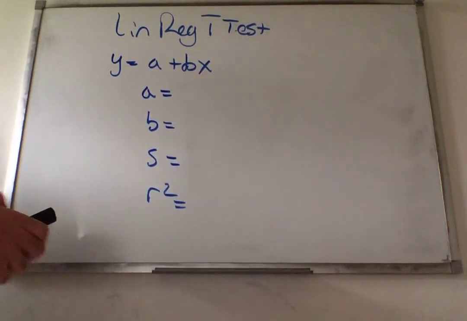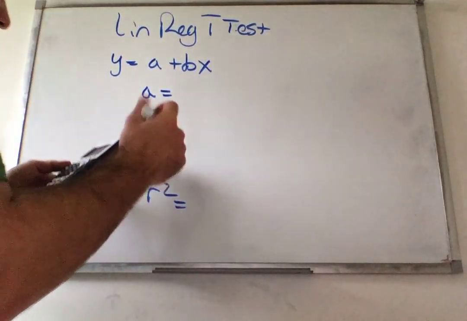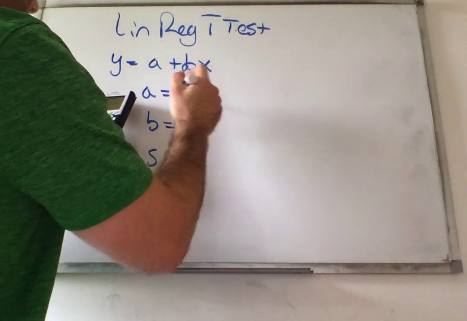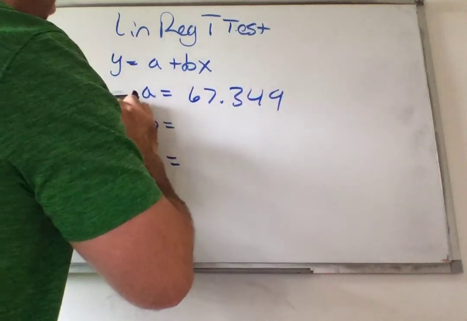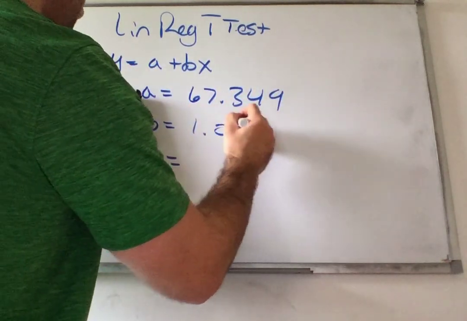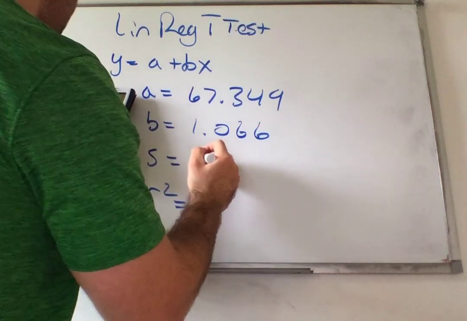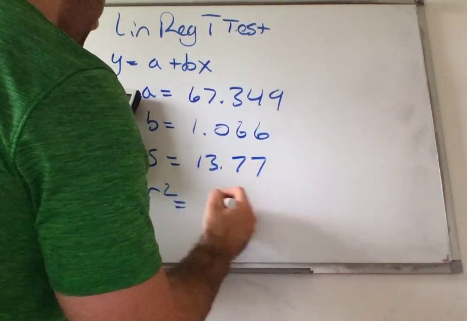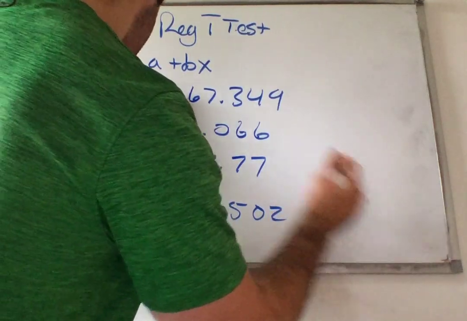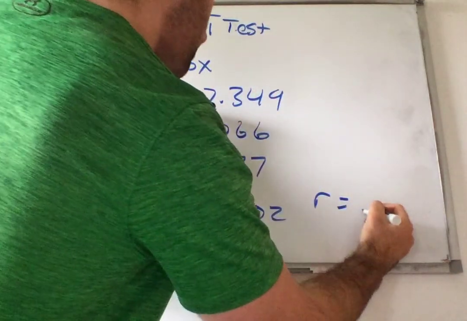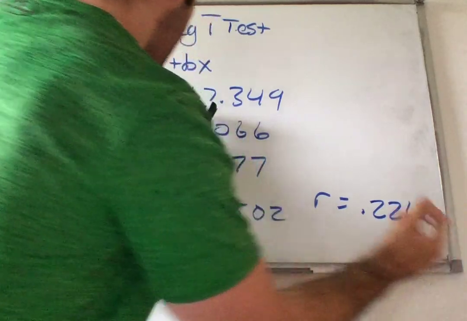Okay, so let me write these numbers up here. a is 67.349. b is 1.066. s is 13.77. R squared is 0.0502. And r is equal to 0.224.